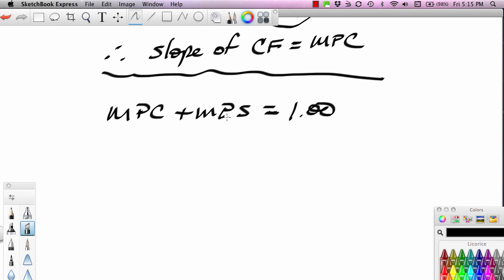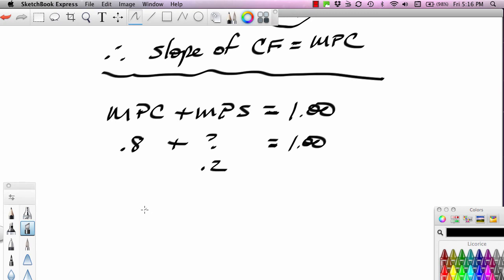Percentage of additional income that is saved. So if this is 0.8 and this is 1, and 0.8 plus something must equal 1, then that something must be 0.2. So if income increases by $1, spending will increase by 80 cents, saving will increase by 0.2.